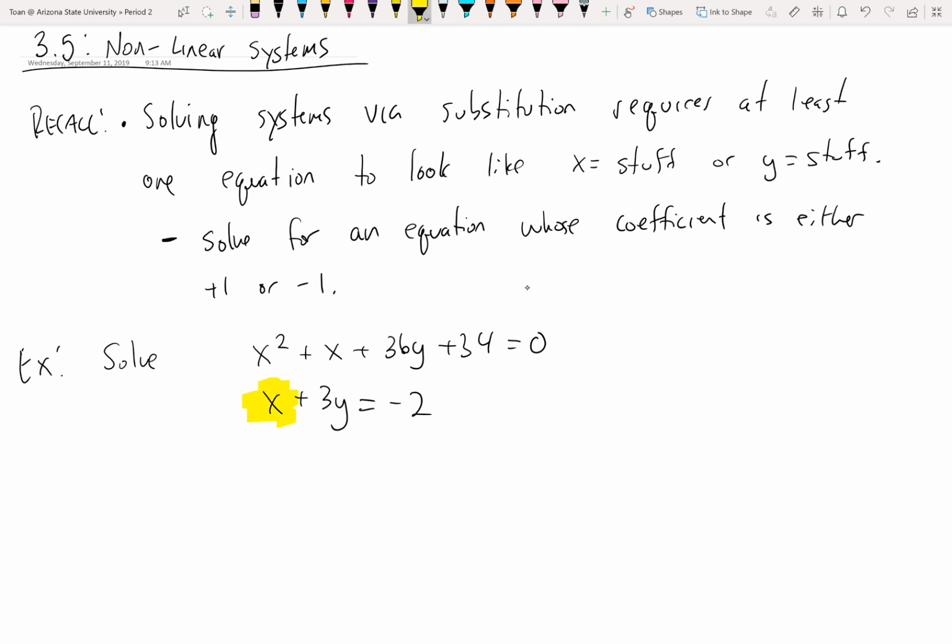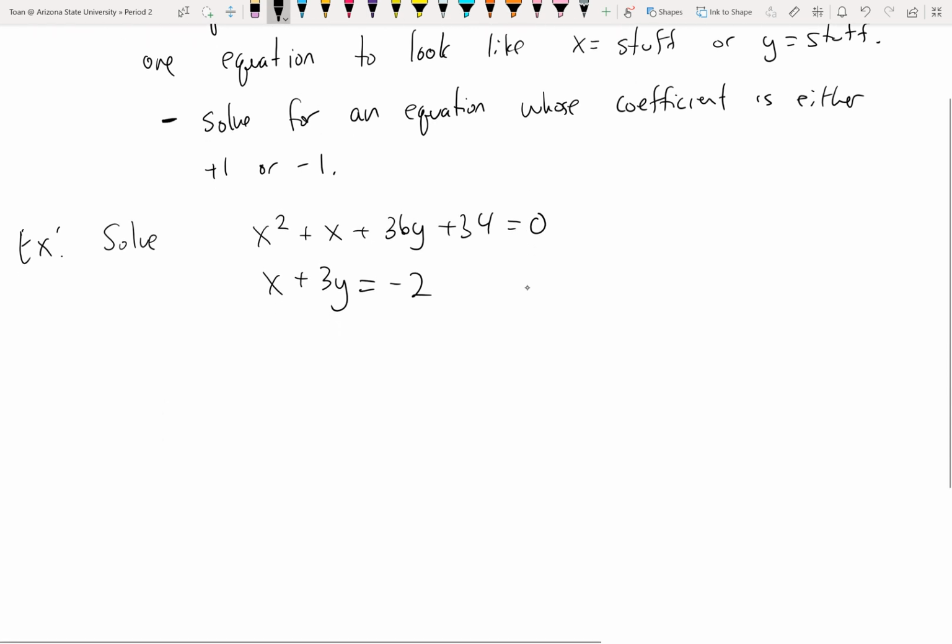Of these two variables, x or y, what would be the easiest variable to solve for? X. So that's my technique. I'm going to focus on the easier equation and solve for the variable that doesn't have a visible number in front of it. So working with the bottom equation, we get x plus 3y equals negative 2, and then I'll subtract the 3y. So x equals negative 2 minus 3y.